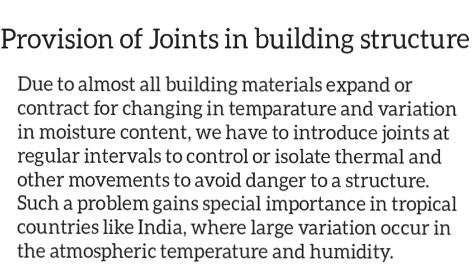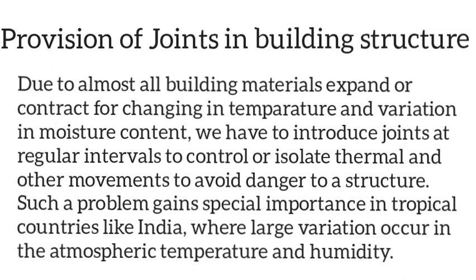Such a problem gains special importance in tropical countries like India, where large variations occur in the atmospheric temperature and humidity. Thus, special provisions should be made to control or isolate thermal and other movements to avoid danger to a structure.